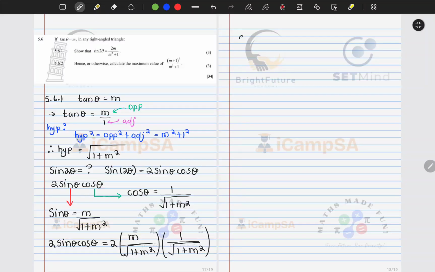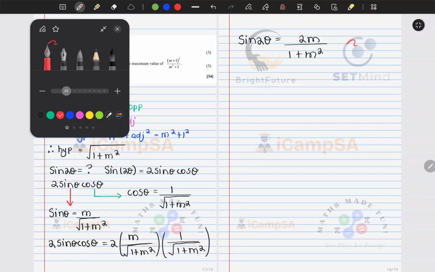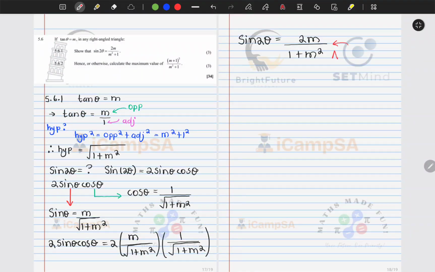Okay, so you will see that our sine of 2 theta will therefore be 2m on the numerator. On the denominator we'll have 1 plus m squared. And this here, ladies and gentlemen, that is our answer. Okay, very simple question.